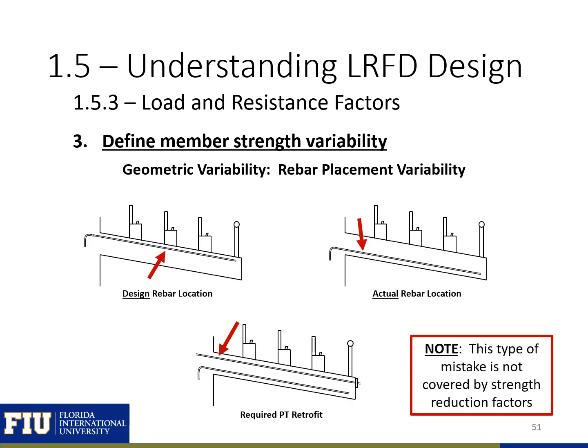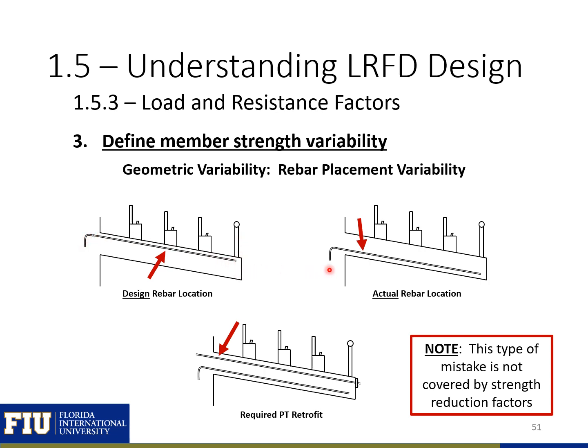The resistance factors, however, do not account for misplacement of reinforcement. This is an example from some bleachers that were built for a racetrack in Austin. The design location of the reinforcement was at the top of the section in this cantilever bleacher.